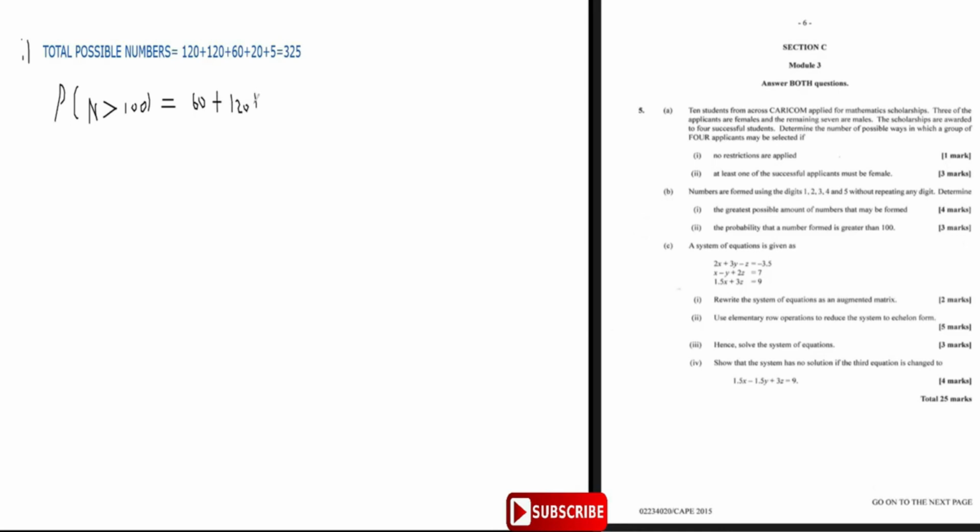So there are 300 numbers bigger than 100, and then it's divided by the total number of numbers that can be formed, which is 325. So the probability is 300 over 325.